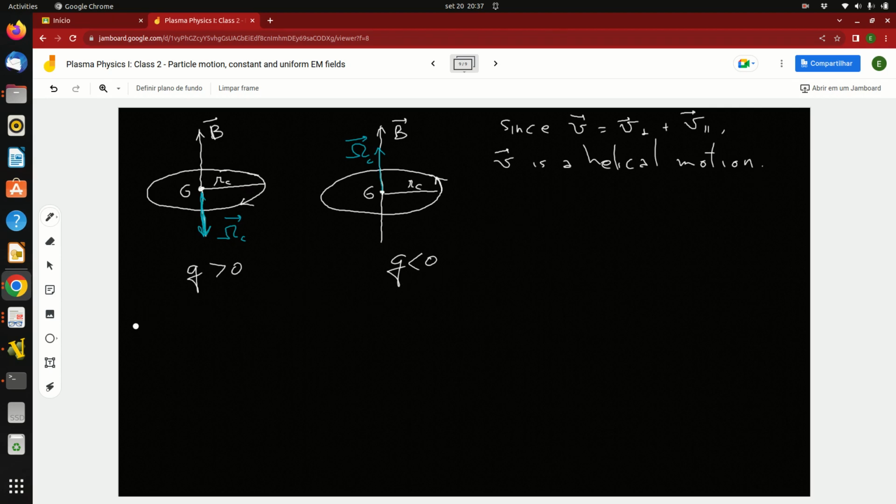We have a term given by pitch angle. What is pitch angle? Pitch angle, or inclination angle, is the angle between B and v. That's what we call a pitch angle.